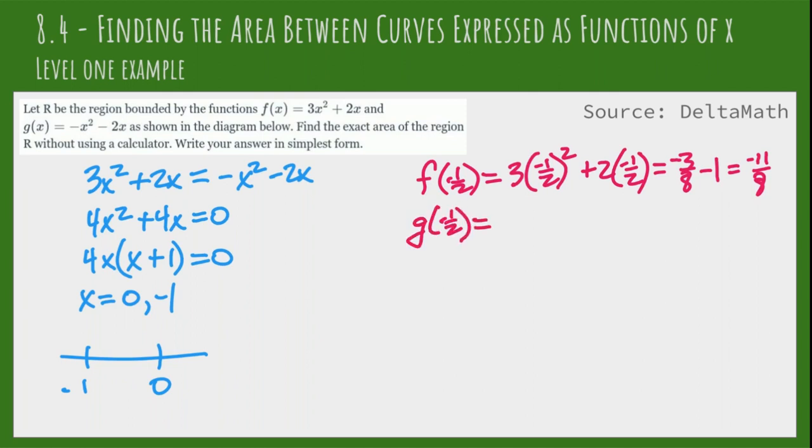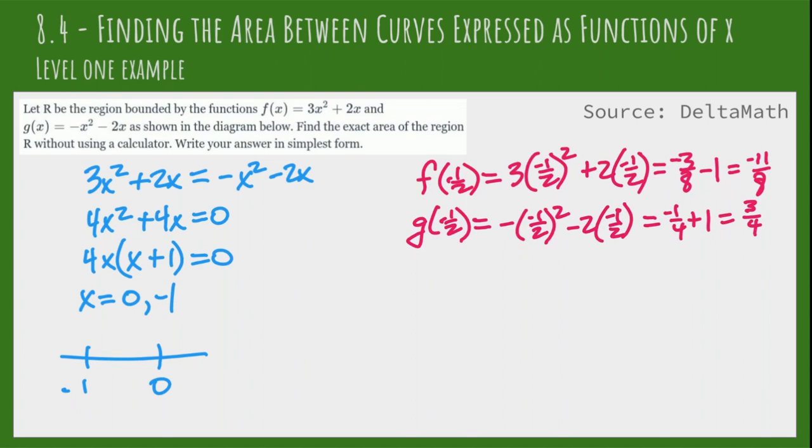And then g of negative 1/2 is going to be the opposite of negative 1/2 squared minus 2 times negative 1/2. So that first term is going to give us a positive 1/4, and then the opposite of that is negative 1/4. And then we're going to be at plus 1, which is going to be positive 3/4.